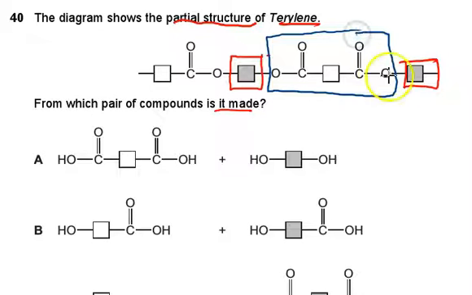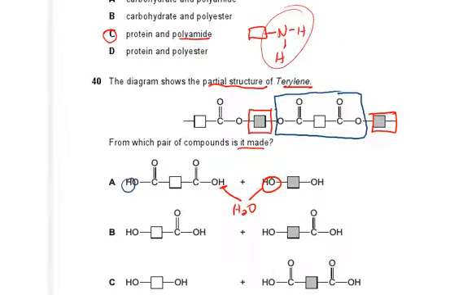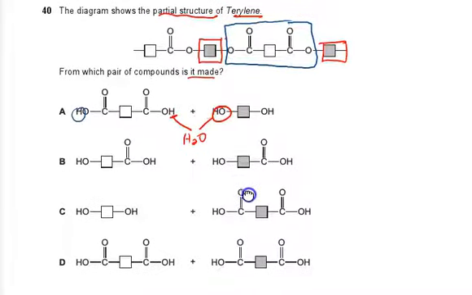So obviously they have a hydrogen like this, and the black box you'll have a hydroxide. So when they are combining, the entire thing from the black box will disappear, and it will combine with the hydrogen to form water. Okay, so your best answer here will be A for question number 40.